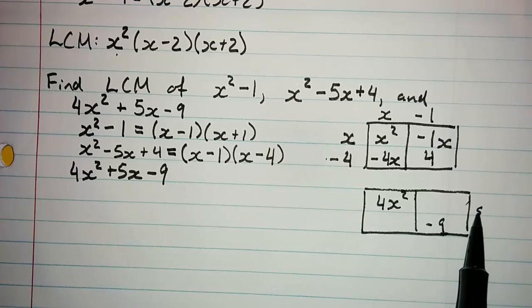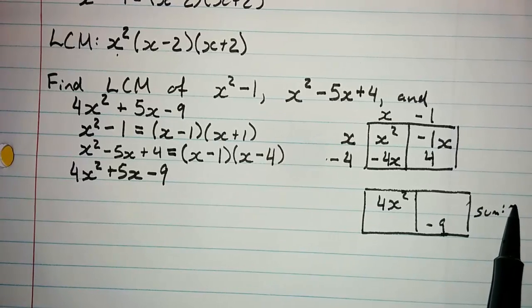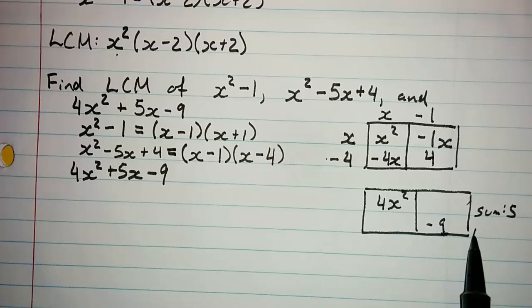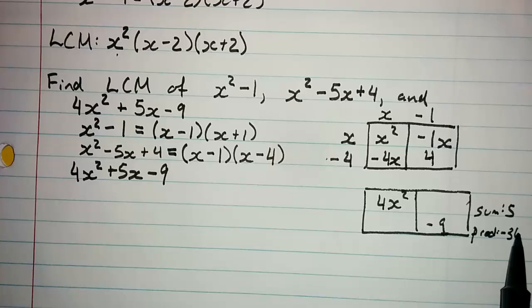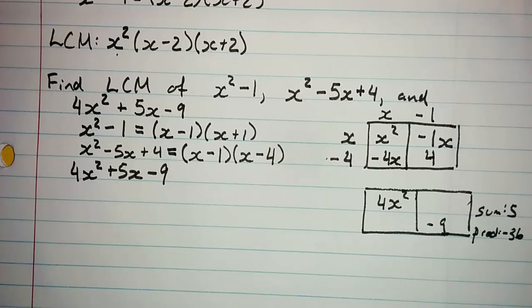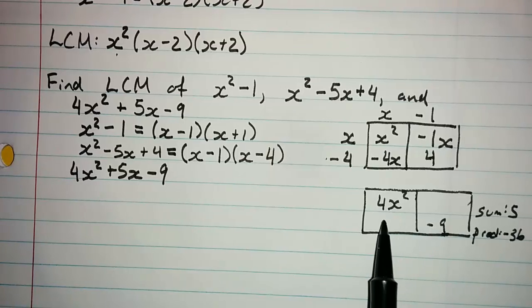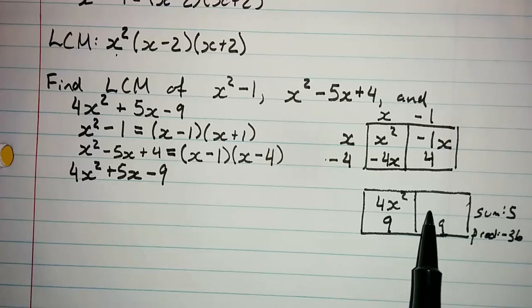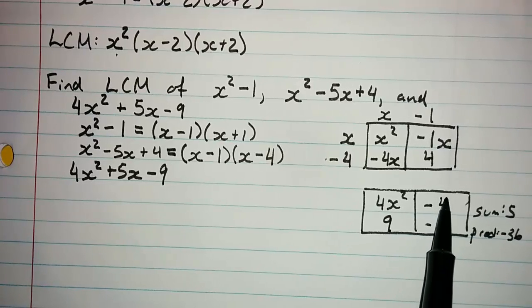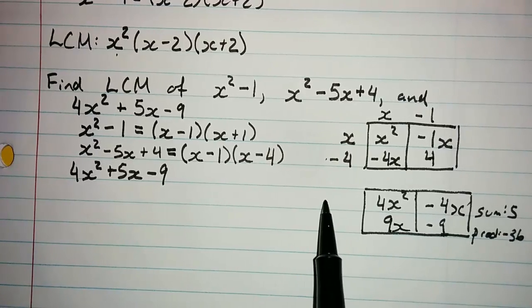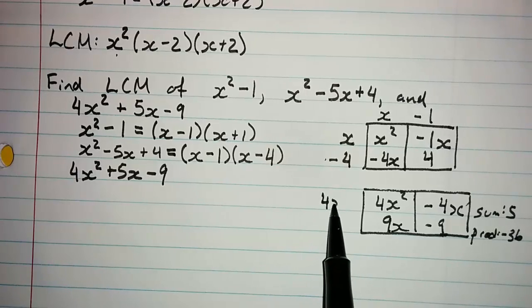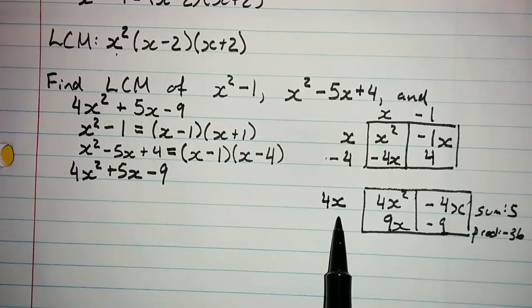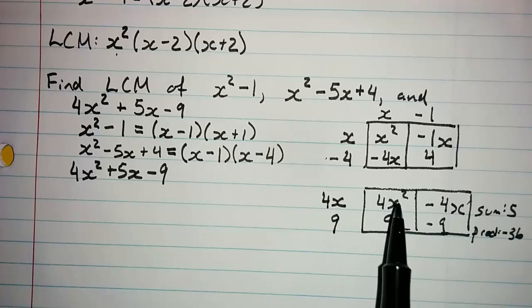We need the sum to be positive 5 and the product to be negative 36. And a little bit of calculator work will tell us that two numbers that will do that are positive 9 and negative 4. Factoring out the greatest common factor in this row, I get 4x. In this row, I get 9.